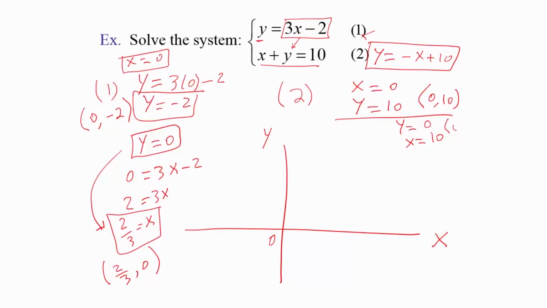So 10 and 0. So x and y, we need to go all the way to 10. So let's say here is 0, here is 5, here is 10, here is 5, here is 10, here is minus 5 for y. I think you got all the points.